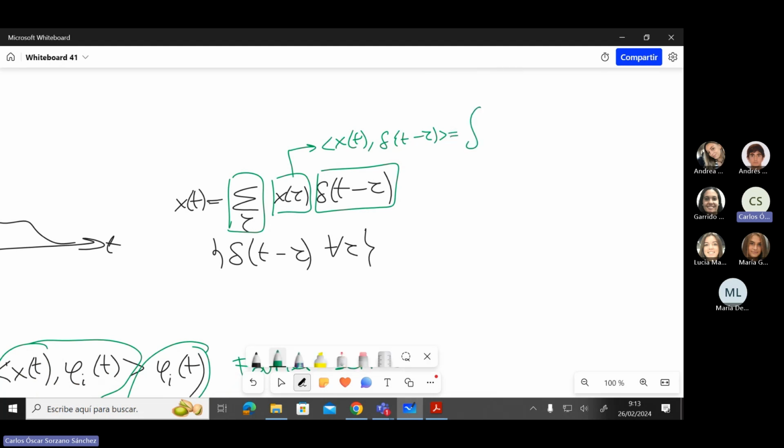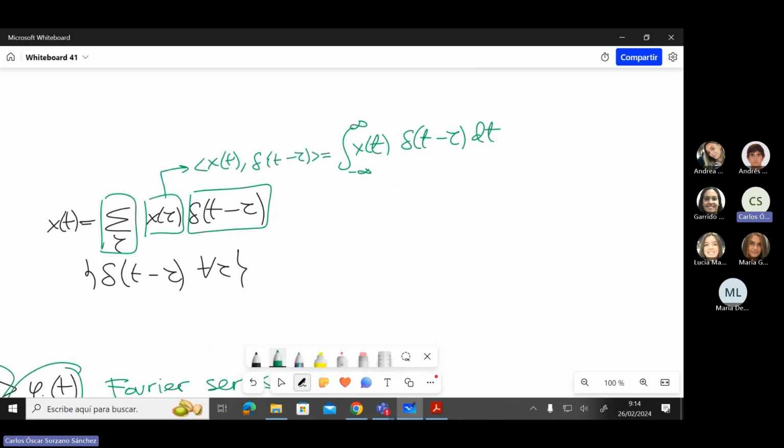This is the integral of x of t times delta of t minus tau, dt, from minus infinity to infinity. This is my definition of inner product. And by definition of the delta, this is x of tau, as it should.